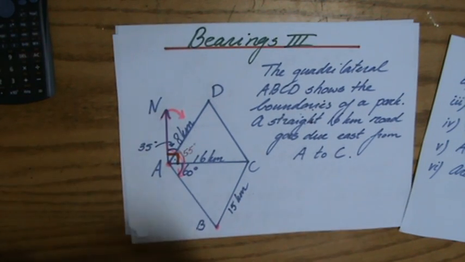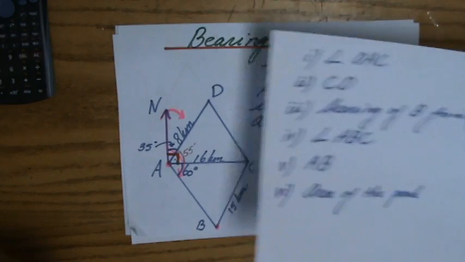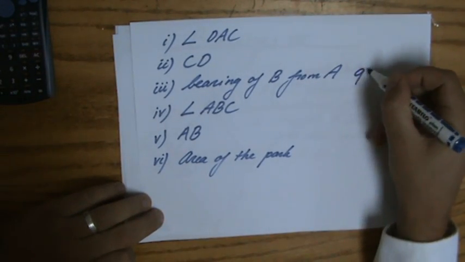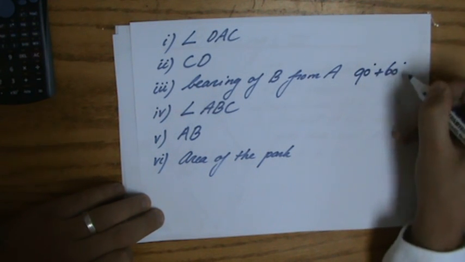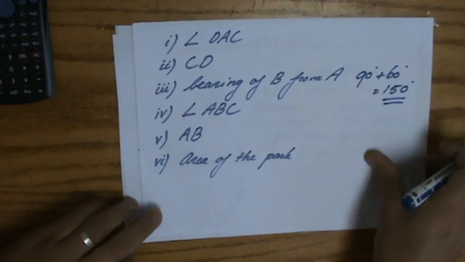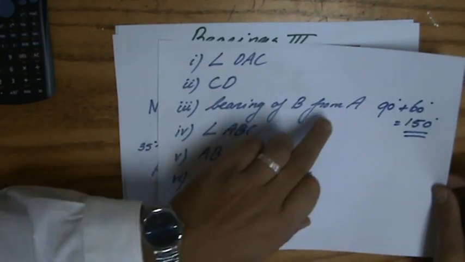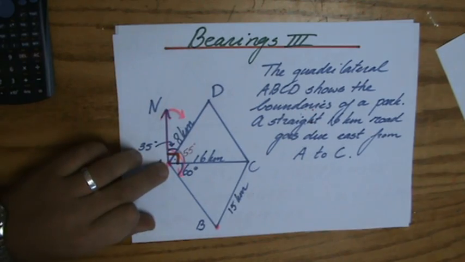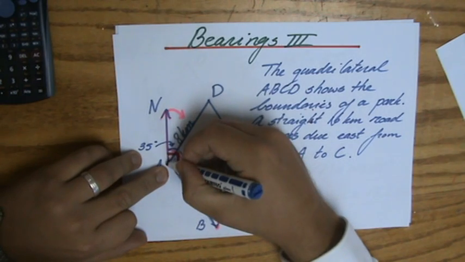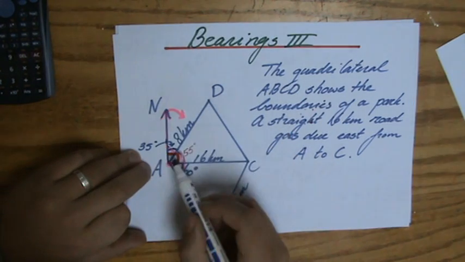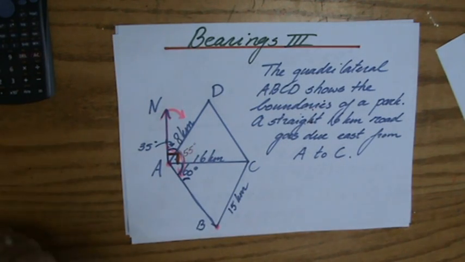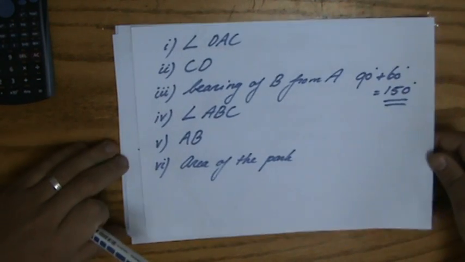So the bearing of B from A is 90 degrees plus 60 degrees, which equals 150 degrees. I'll say it again: the bearing of B from A means standing at point A, in which direction do you look to see B? From the north clockwise, it's 90 plus 60, so 150 degrees. All right, fantastic. Moving on.